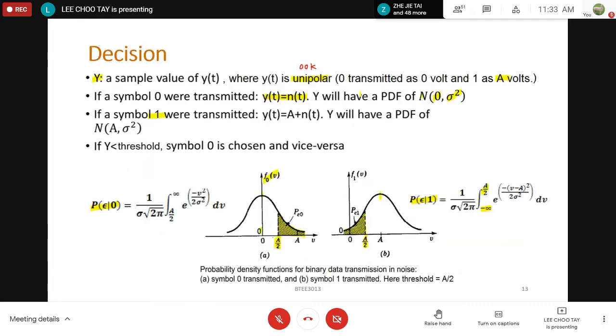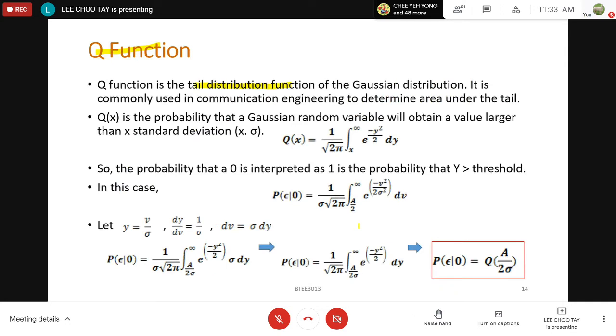If you look at these two curves here, for the error for a 0, we're only interested in this tail on the right hand side. Whereas for the error for a 1, we are interested in this tail on the left hand side. Therefore, the Q function is a good tool to help us find the probability of error for our digital communication.